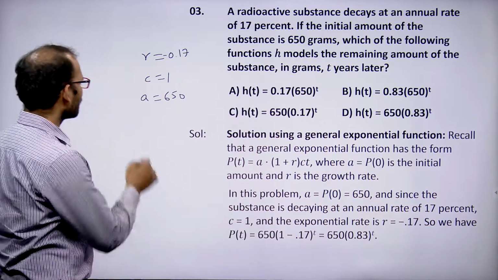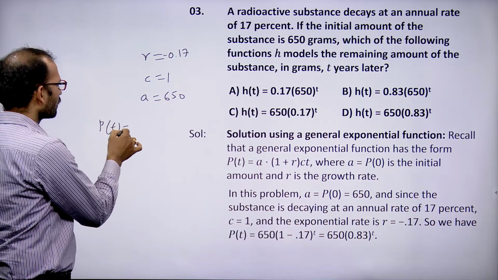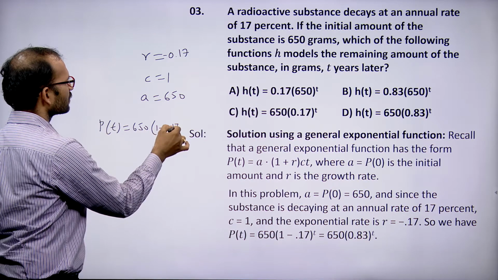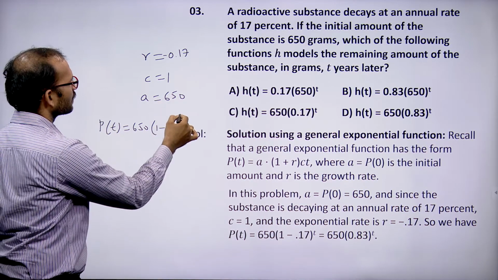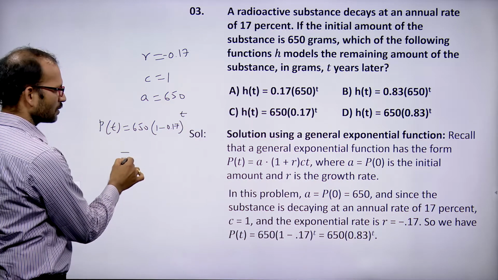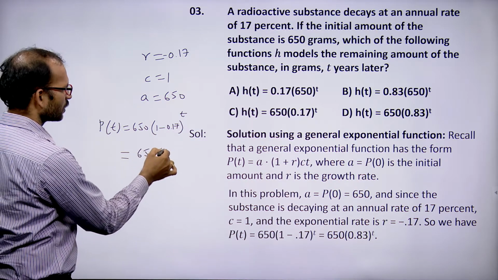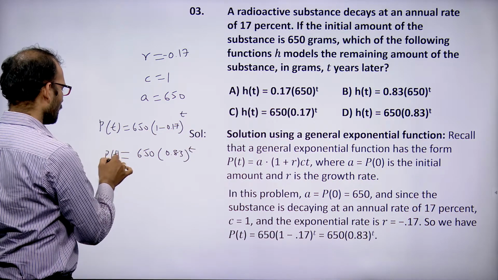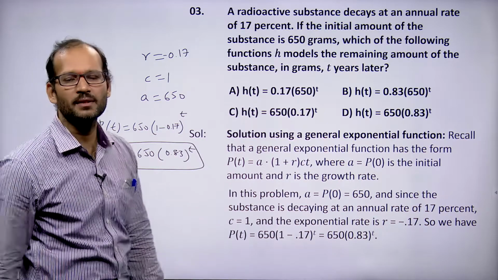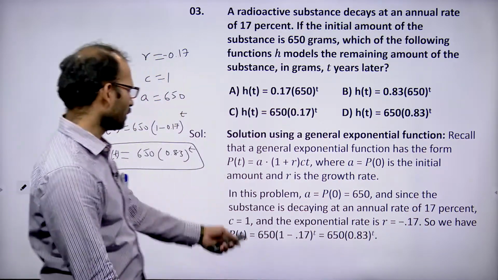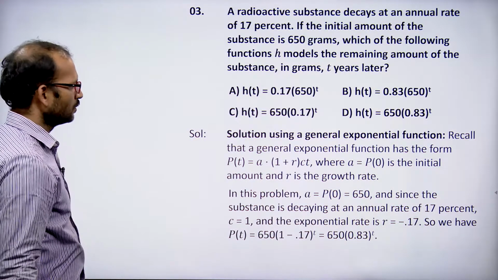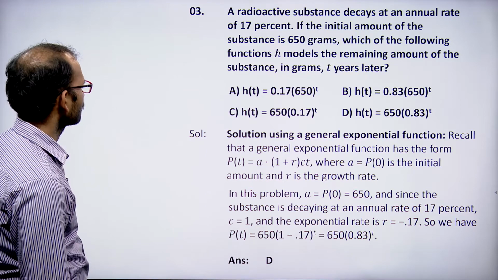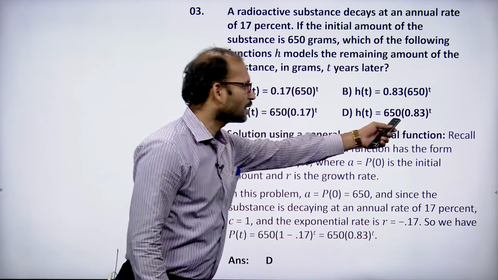If I write in the exponential formula, P of T equal to A into (1 minus 0.17) whole power Ct, C is 1, into T. So that means 650 into 0.83 whole power T. This is the exponential function which represents the given data. So where is my option? D is my correct option.